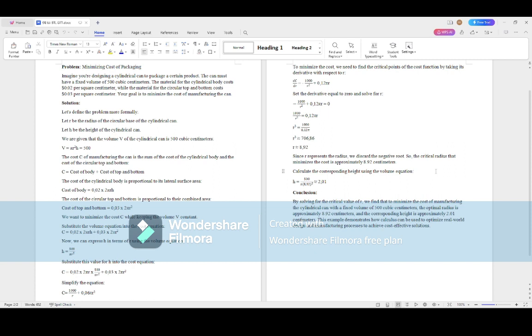Secondly, efficient packaging design can contribute to reduced waste and using fewer resources. It aligns with modern trends towards sustainability and environmentally friendly practice. The next one is resource allocation. Designing packages that utilize resources efficiently helps make the most of available material and reduce unnecessary waste.